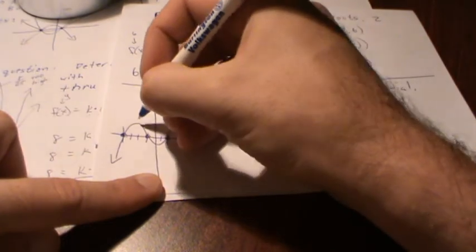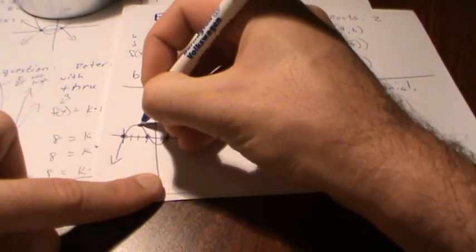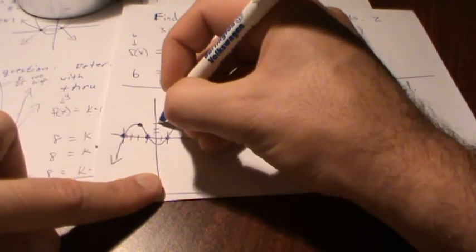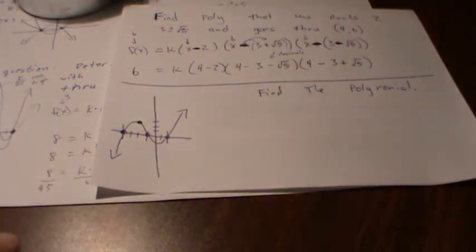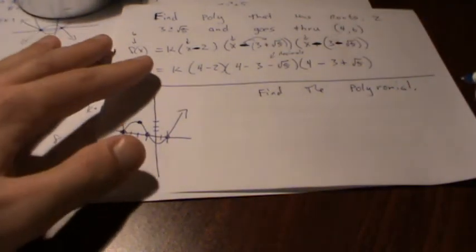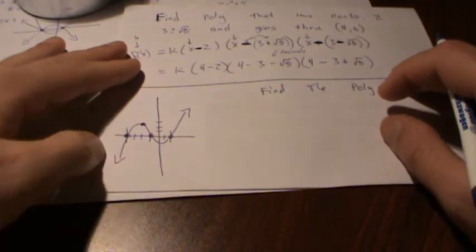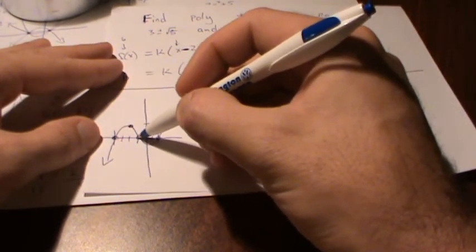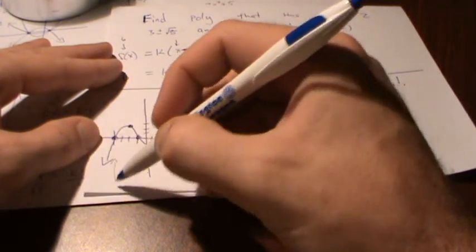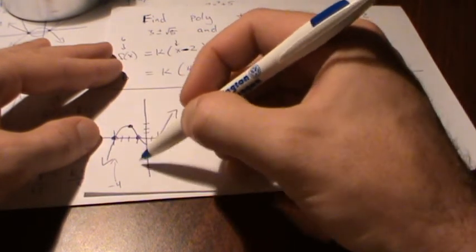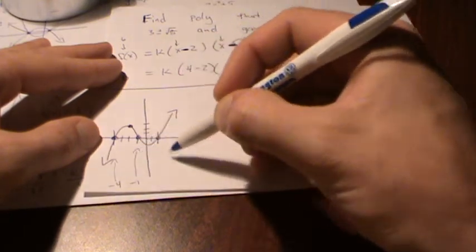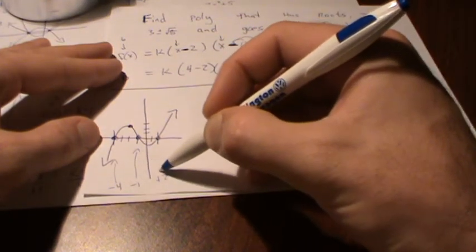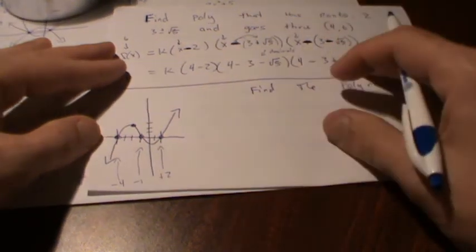And it'll give you a single point here as well. So what I've got is this polynomial goes through negative 4 right here for a root, goes through negative 1 for a root, and it goes through positive 2 for a root. You see that?